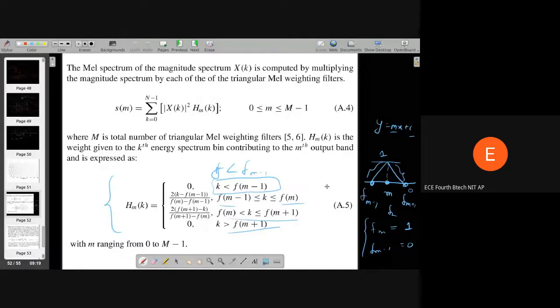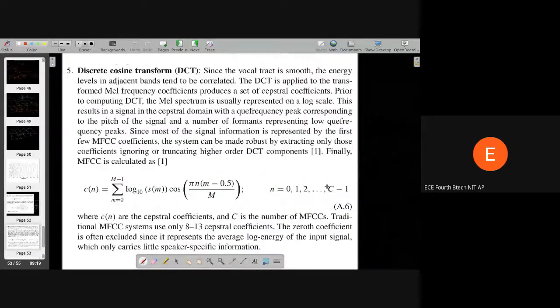So now you did all that. Now comes the next step. You had 24 energies. 24 energy values you got because there were 24 filters in the Mel filter bank. Take the log of these energies.